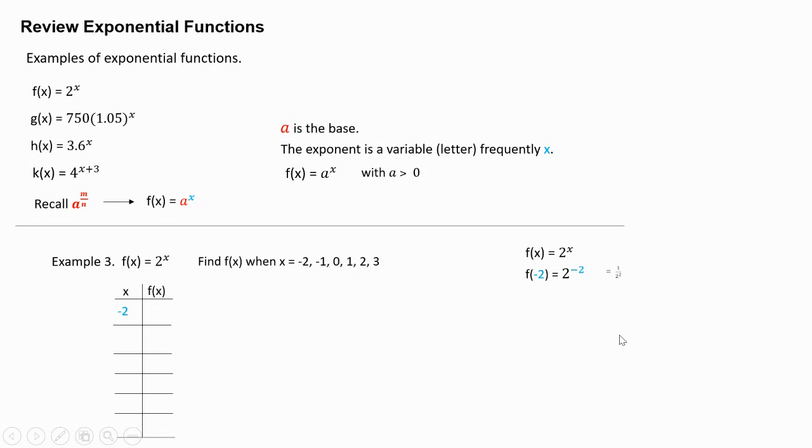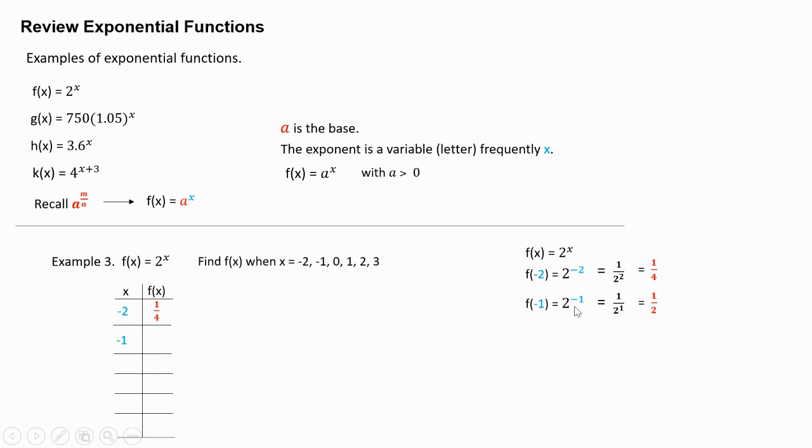We use the negative exponent rule, equals 1 over 2 to the second power, which is equal to 1/4. So when x is -2, y, or f of x, is 1/4. And we repeat the process until we plug in all the values for x, where the problem wants you to use -2 all the way to 3. So again, we repeat the process.